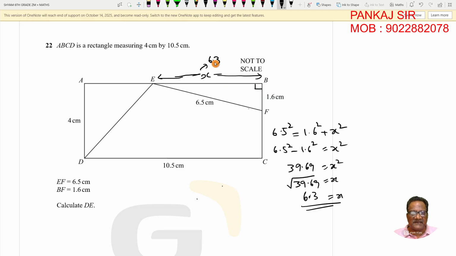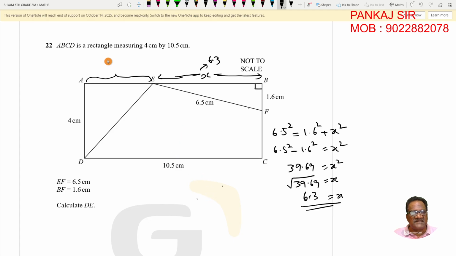Fine. Okay. Now we have to find out DE. Okay. Now what can be done? Let us try to find out AE. Now this total from A to B is 10.5. And this X that we calculated just now is 6.3. Okay.